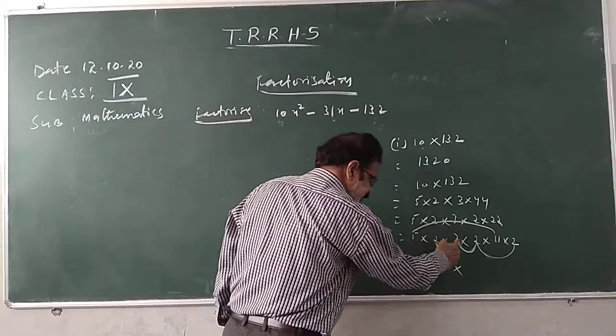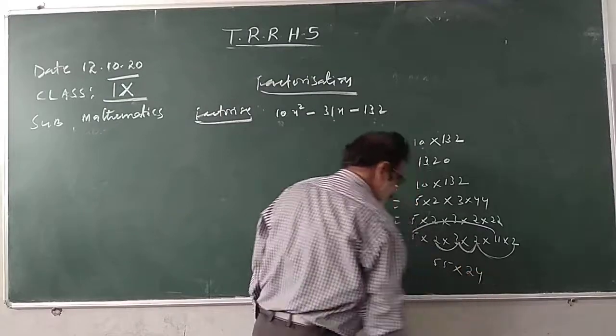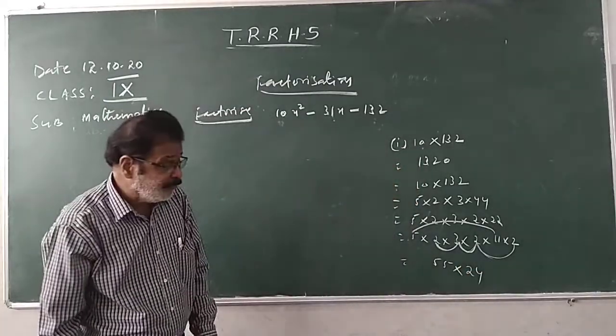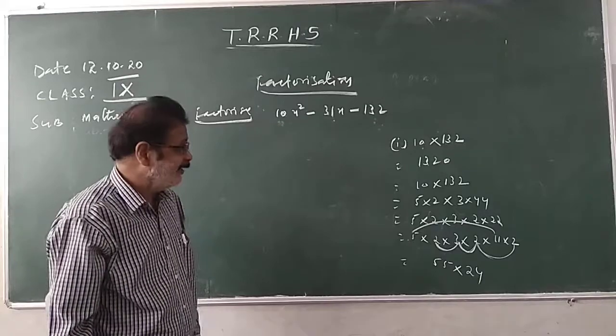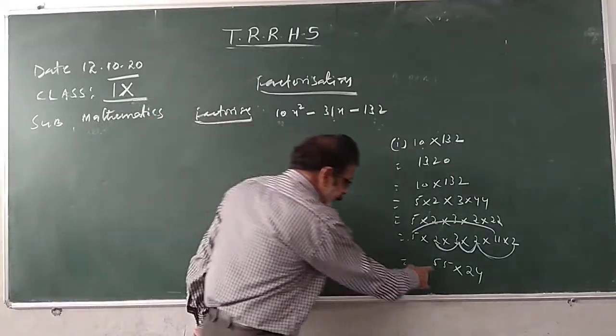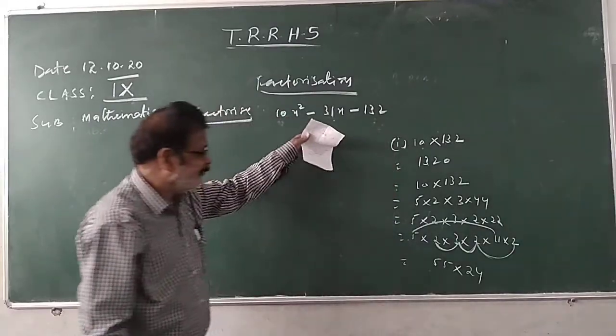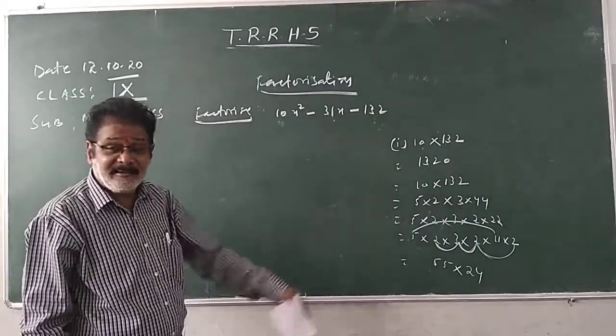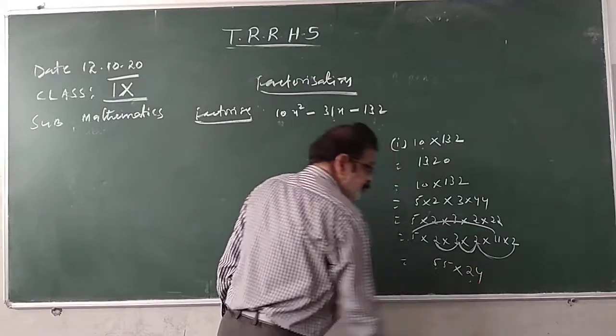Remaining 2, 3 are 6, 6 twos are 12, 12 twos are 24. 55 plus 24 is 79, you should get 31. By adding, you are not getting it. Subtract: 55 minus 24 is 31. These are the suitable factors.